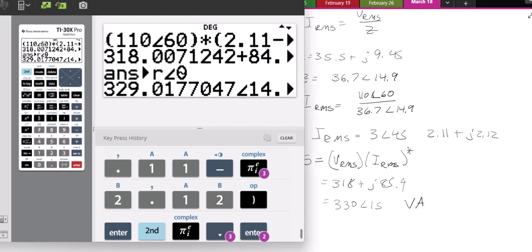And I get the same thing. So that does work. Alright, so there is our complex power.